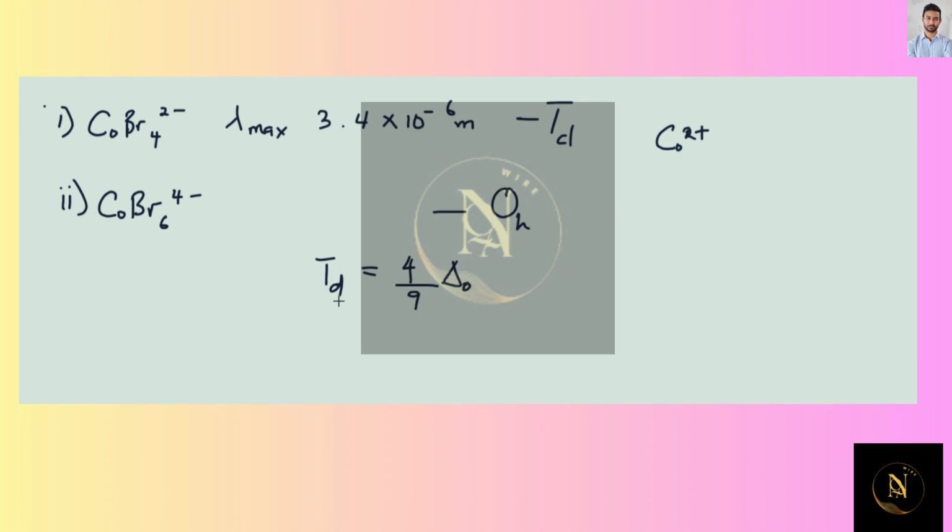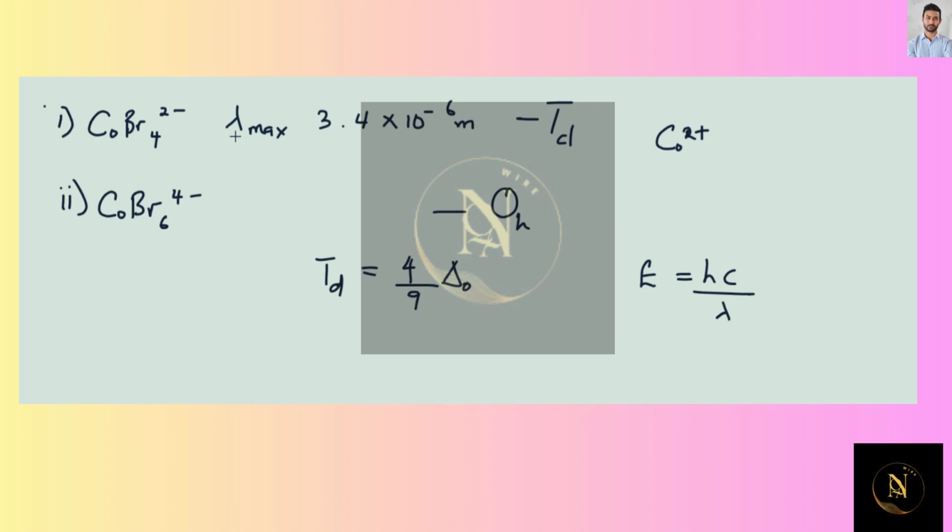Okay, so that means that the energy of absorption in the tetrahedral complex is lower than that of the octahedral complex by 4/9. Okay, and we know that E is equal to hc over lambda. So we already established that the energy of tetrahedral is lower than that of octahedral.